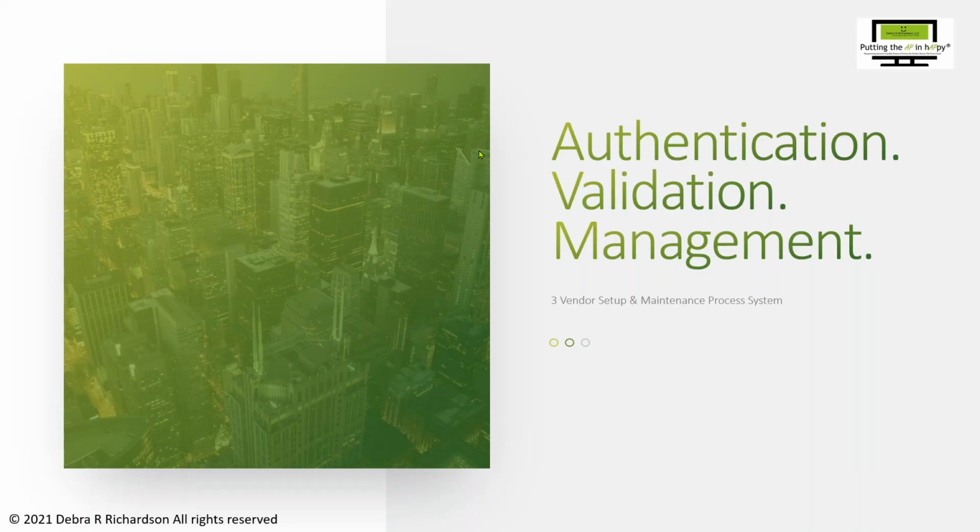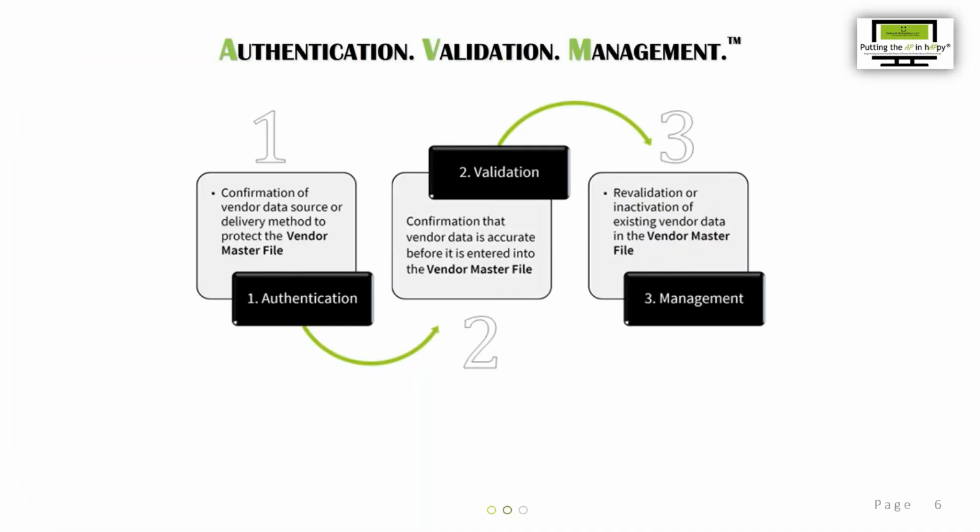So let's first talk about my proprietary Authentication. Validation. Management. Again, it is a 3-step vendor setup and maintenance process system. The first step is authentication, which is the confirmation of the vendor data source or delivery method of the vendor documentation. The data source is who is sending.